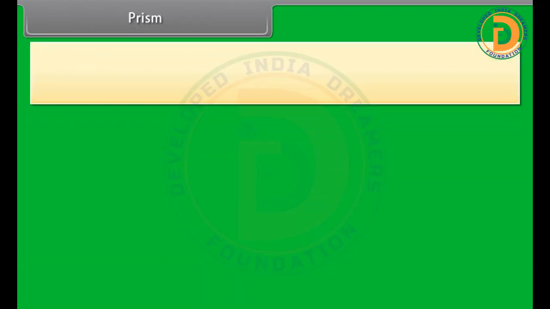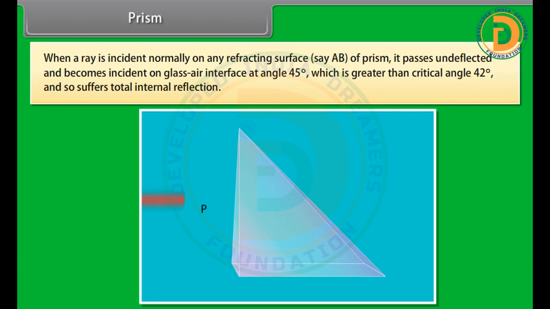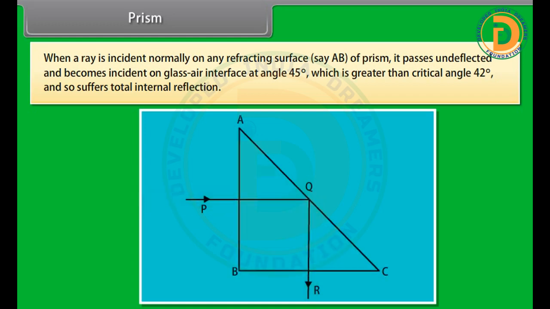Prism. When a ray is incident normally on any refracting surface of a prism, it passes undeflected and becomes incident on the glass-air interface at an angle of 45 degrees, which is greater than the critical angle of 42 degrees, and so suffers total internal reflection.